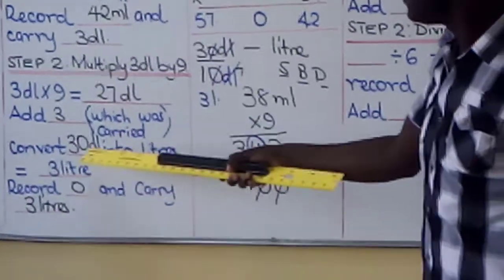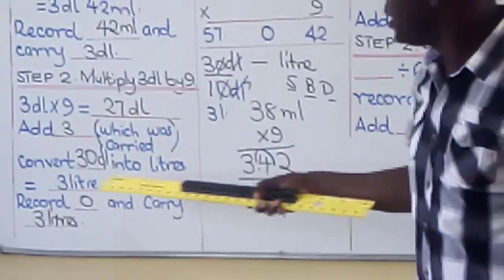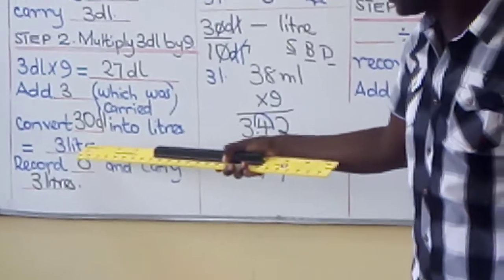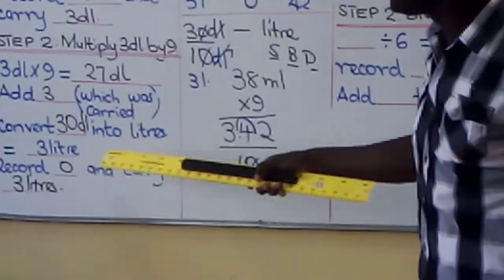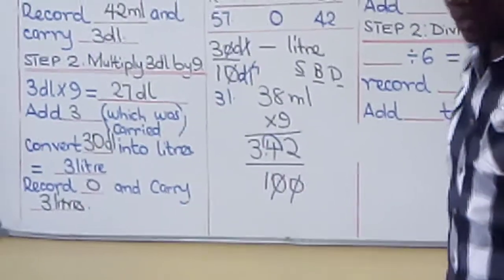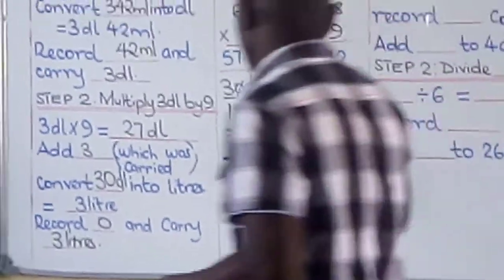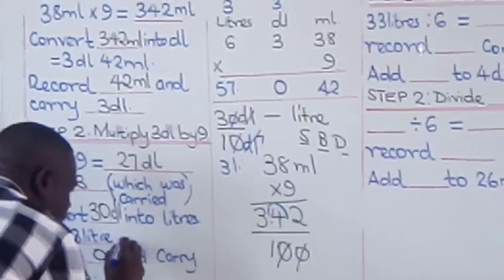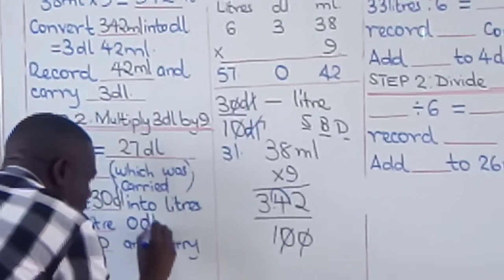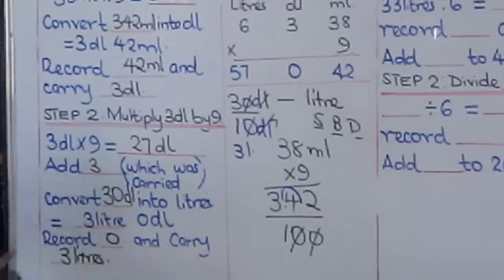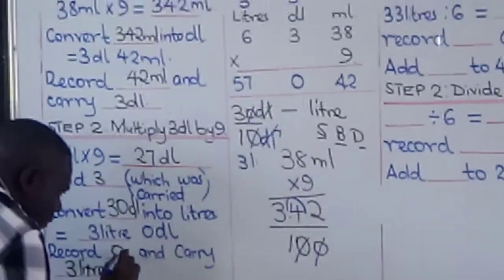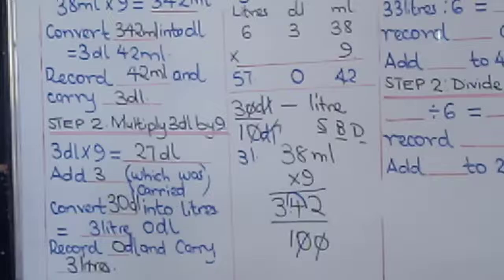Then we convert 30 deciliters into liters. That becomes 3 liters and 0 deciliters. Maybe you could have written there 0 deciliters. And so we record 0 deciliters, and carry 3.